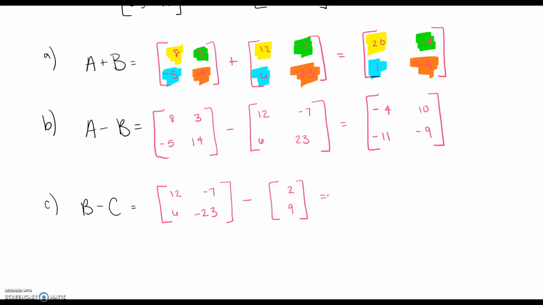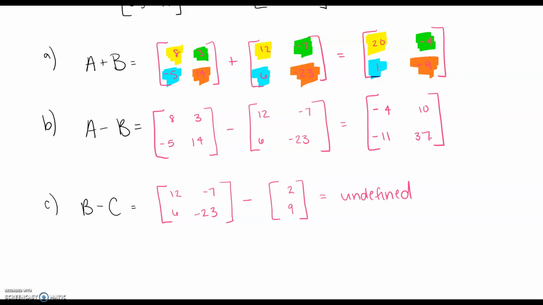And we run into an issue, right? There isn't something for us to subtract for every single element. And since the dimensions are not the same, this is just undefined. I'm going to go back and fix that, sorry, I wrote it down wrong. So 14 minus negative 23 would be positive 37.